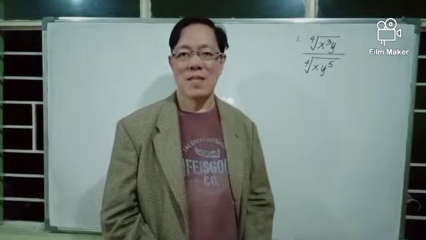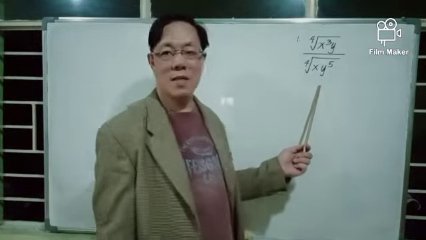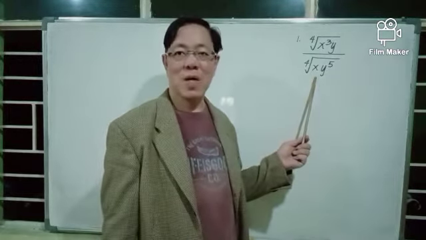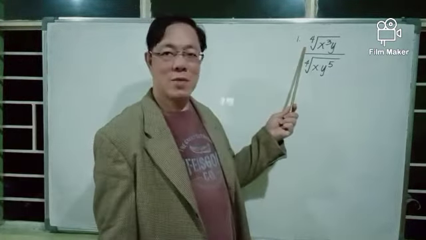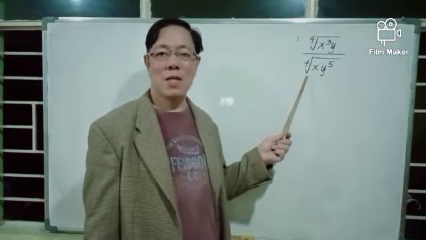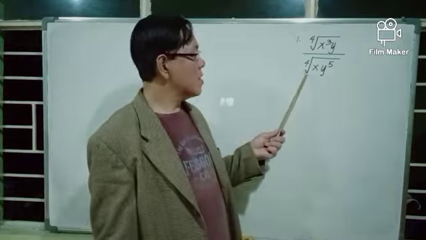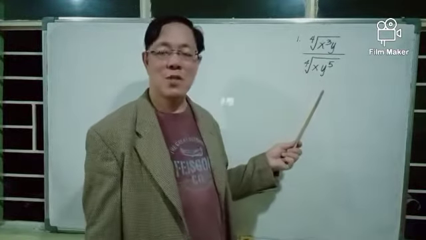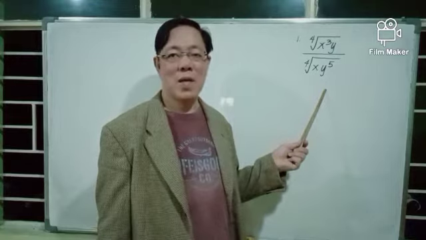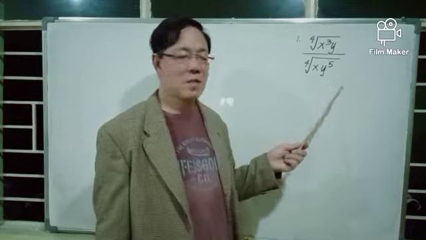For our first example, we simplify this radical expression. This is a rational algebraic expression whose numerator is a radical expression and the denominator is a radical expression. And to simplify this rational algebraic expression, we apply properties of radicals as well as properties of exponents.